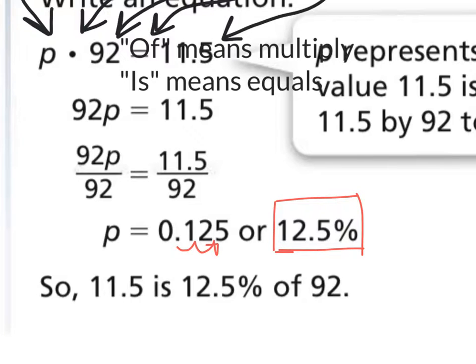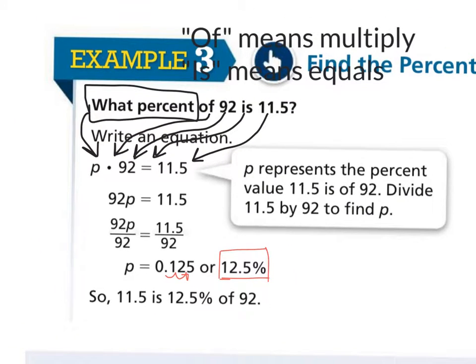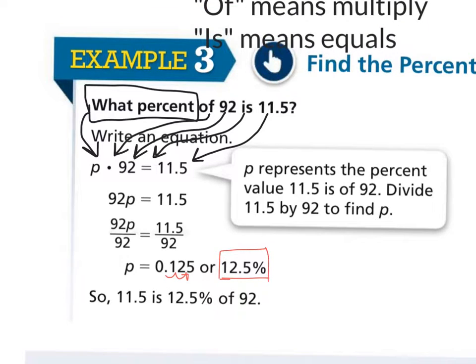Once you get an answer, it's a good idea to think about what we're saying here. If you go back to the question, instead of "what percent," we can put our answer there and see if that makes sense. So now we're saying 12.5% of 92 is 11.5. Well, 12.5% is like an eighth. A fourth is 25%, and half of that would be exactly 12.5%.